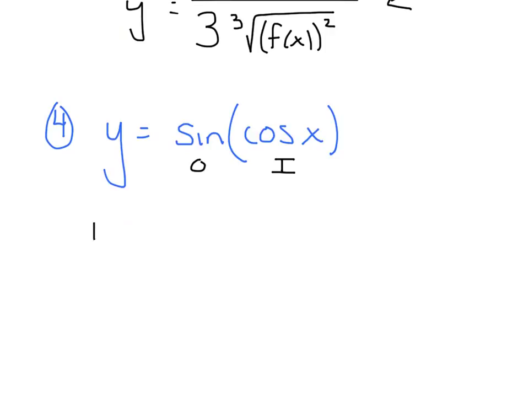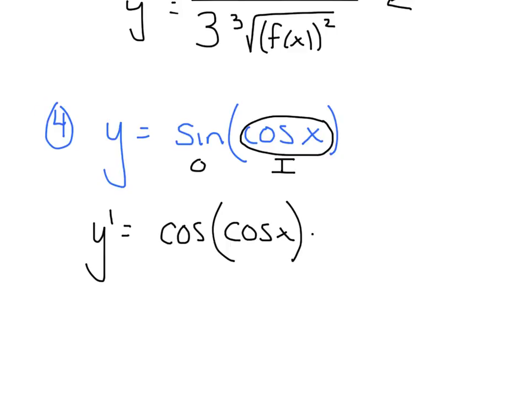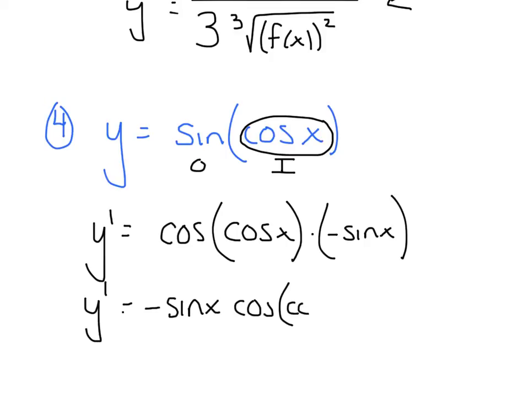We're saying y prime equals derivative of the outside, keep the inside, times the derivative of the inside. The derivative of cosine of x is negative sine x. So just make sure you pull that negative out front. We cannot leave it in the middle of a problem. So it's negative sine x, you can pull that all out front, times the cosine of the cosine of x.